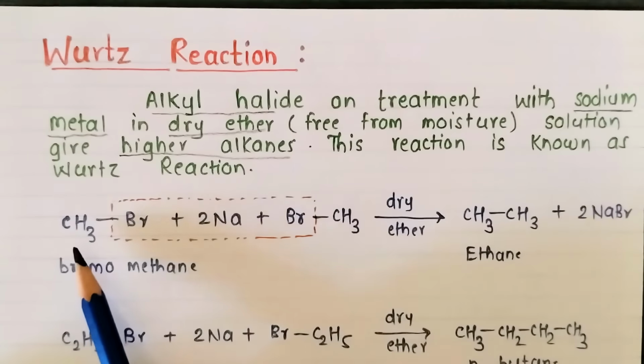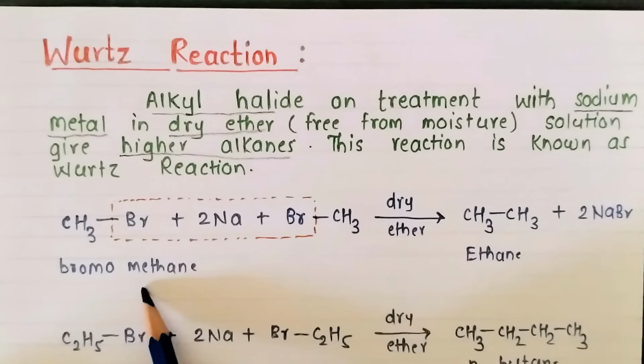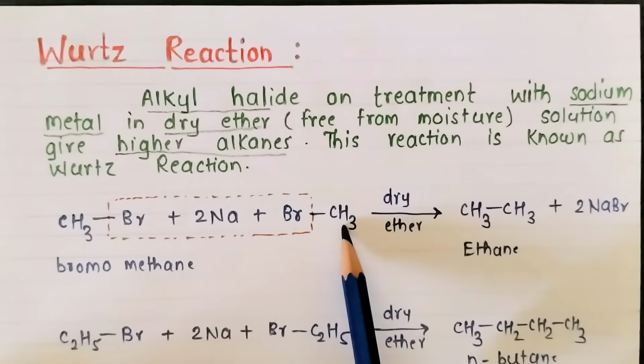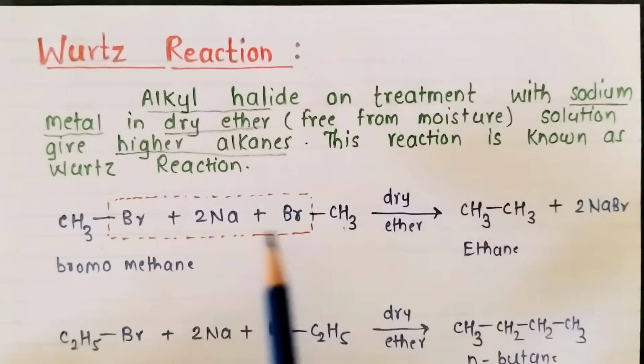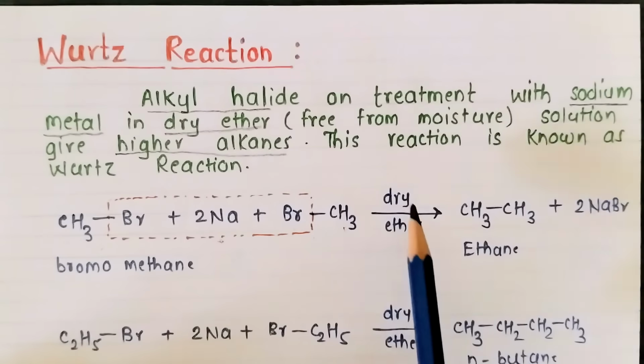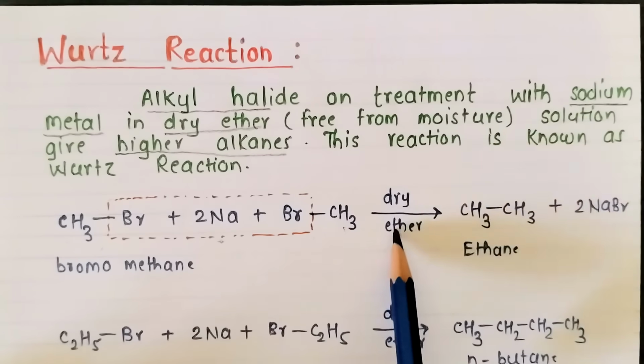See here, this is an alkyl halide, bromomethane. This is another molecule of bromomethane. Two molecules of bromomethane react with sodium metal in a dry ether solvent.